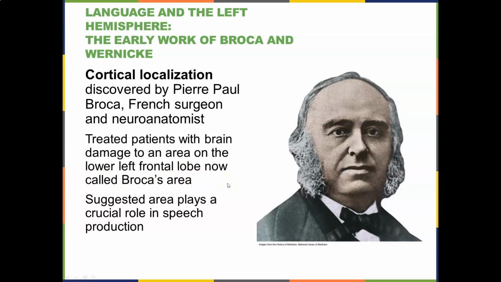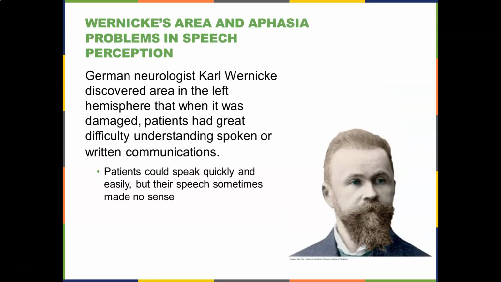He found that persons who had damage to that part, and they actually call that the Broca's area now, but if that's damaged, then they have a hard time with speaking clearly. Okay, so Broca has to do with speech.